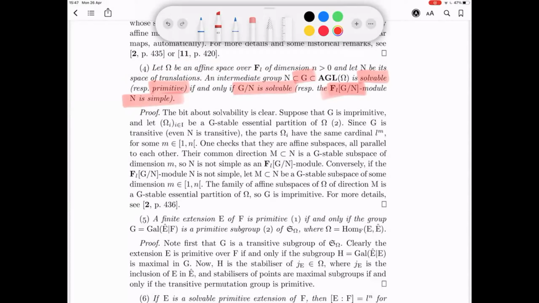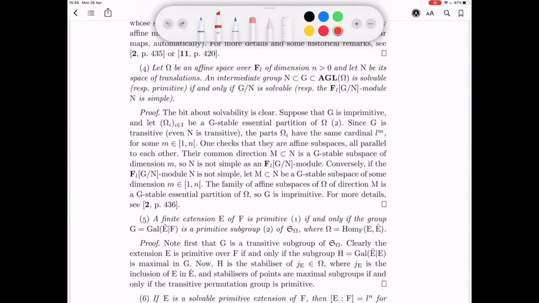Let H be any group. What is an H module? What is an FL H module, and when is it called simple? So let's define that.